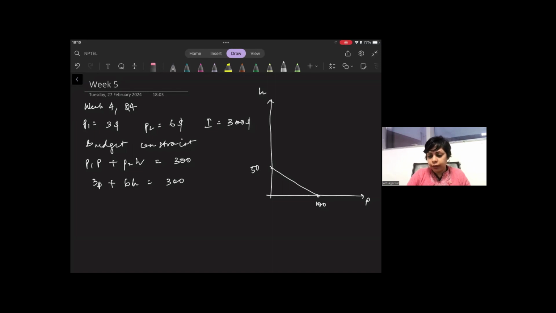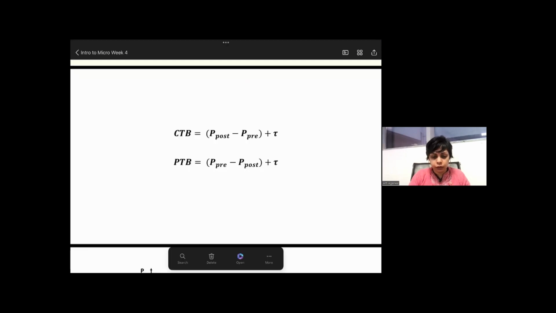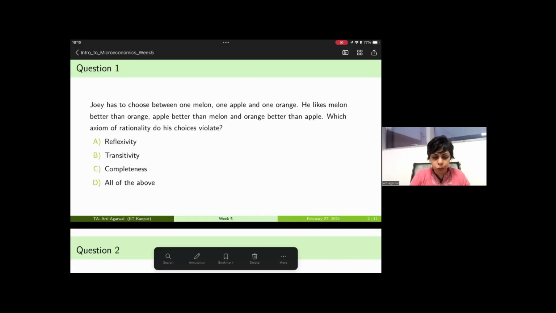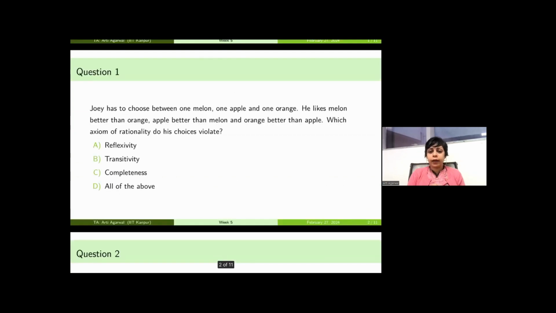Okay, so let me share this week's questions that I have prepared. We're going to discuss a fair bit about preferences and utility today. I think we discussed it before also, but today we'll discuss it in a whole lot more detail. So firstly, does everybody understand what is reflexivity, transitivity, and completeness?